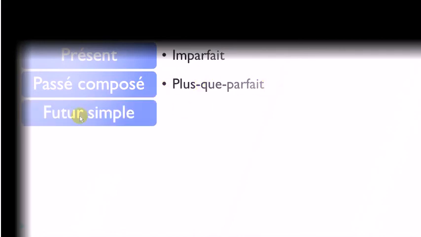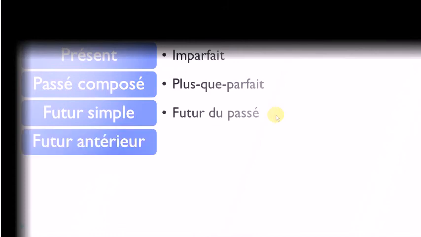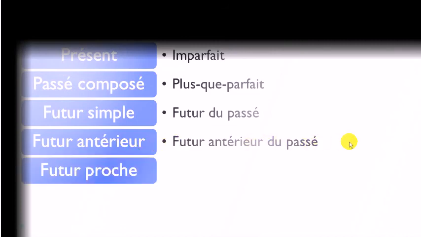If you've got the futur simple, as the second structure, it will become what we saw, futur du passé. If you've got futur antérieur, in the second part of this structure, it will become futur antérieur du passé. If you've got futur proche, it will become, like le futur proche, but the only thing that you've got to modify is aller.